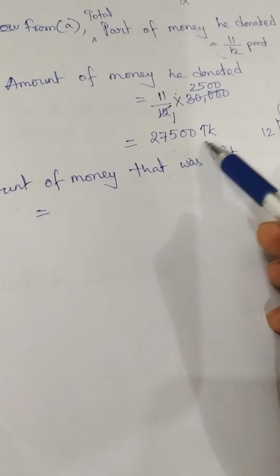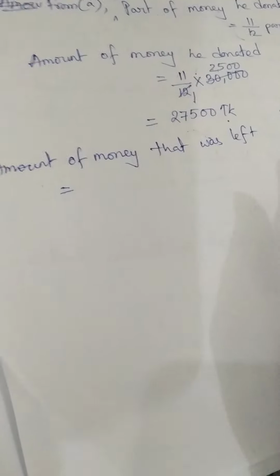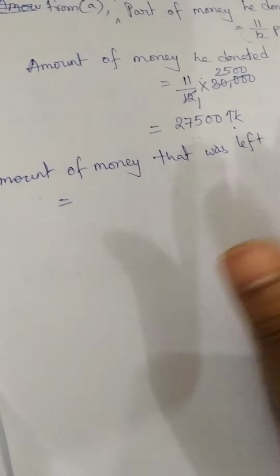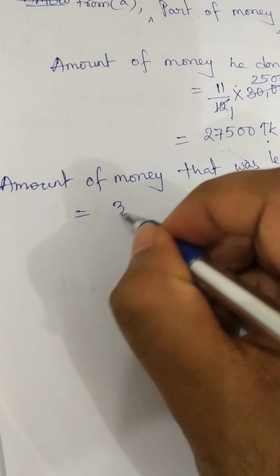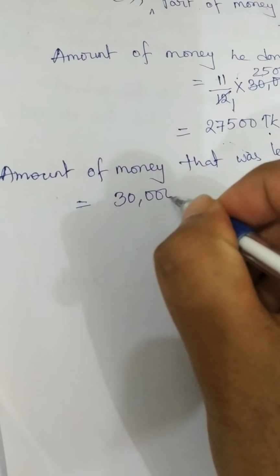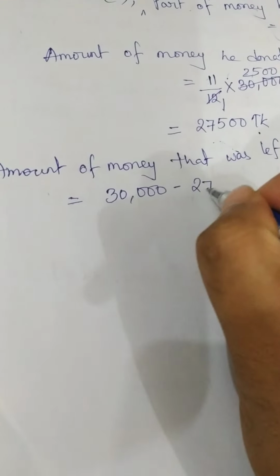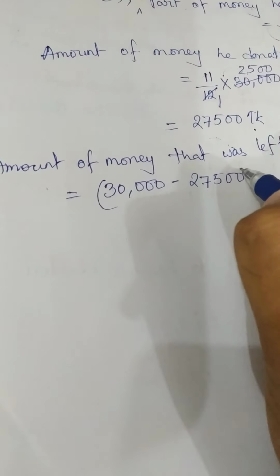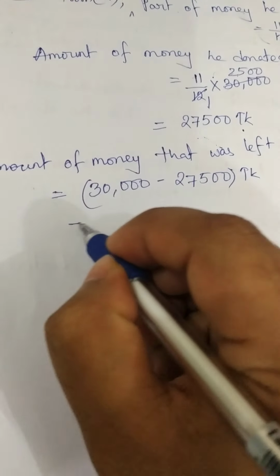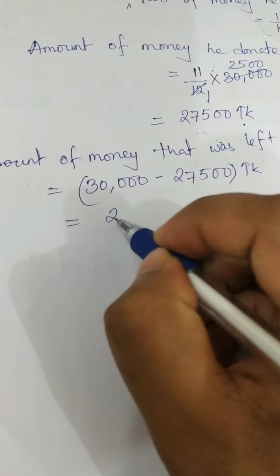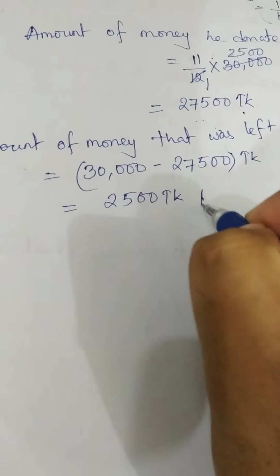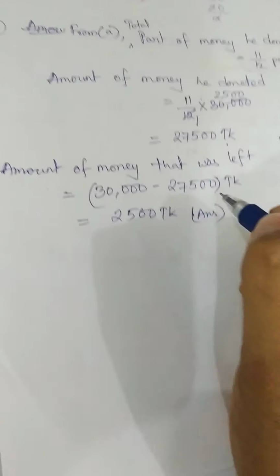So how much money did he donate in total? 27,500 taka. So how much will be remaining? 30,000 minus 27,500. That's it. Very simple. So once you subtract, what do you get? That is 2,500 taka. Okay, very simple.